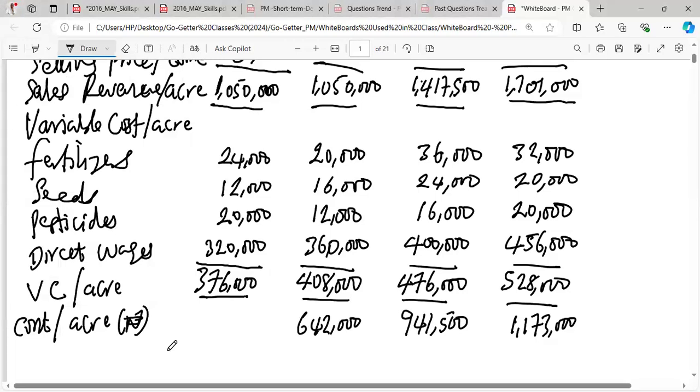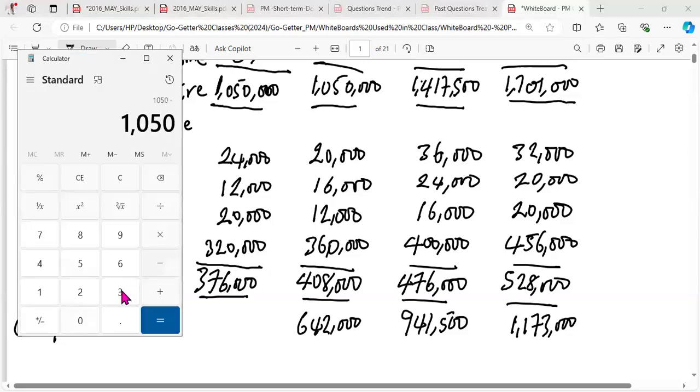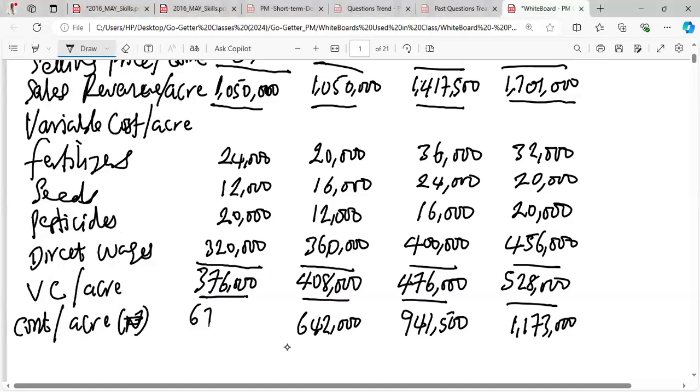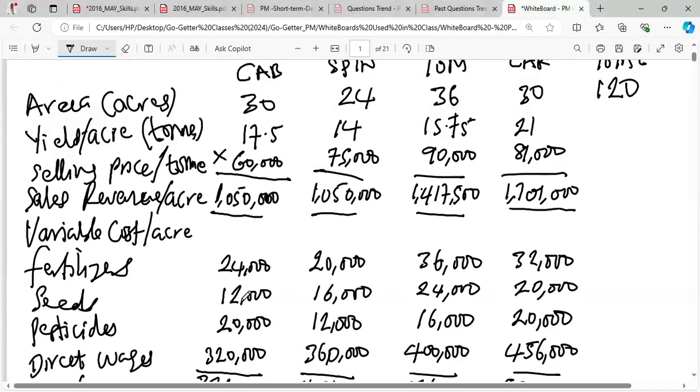Then I have here again 1050 minus 376. That will give me 674. So that's 674,000. Now this is contribution per acre.